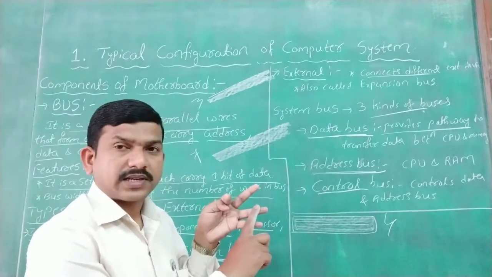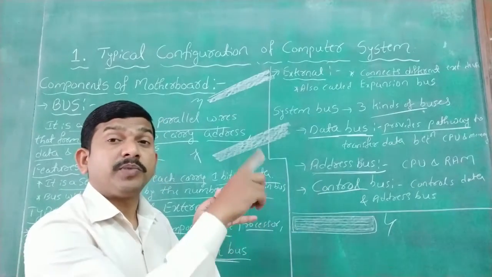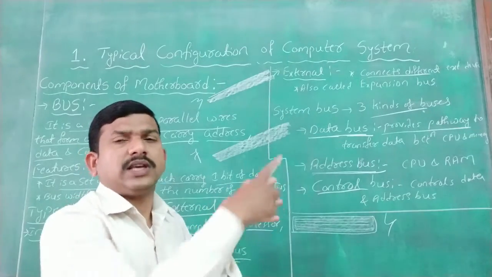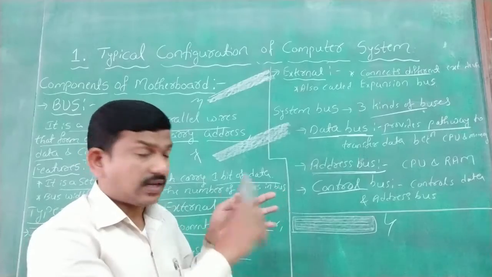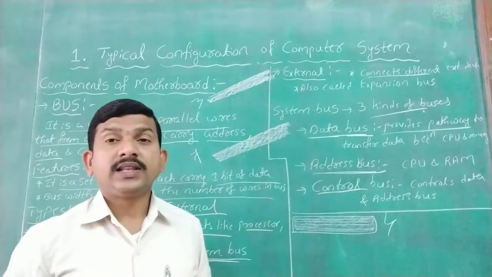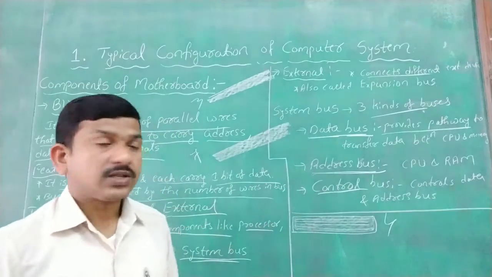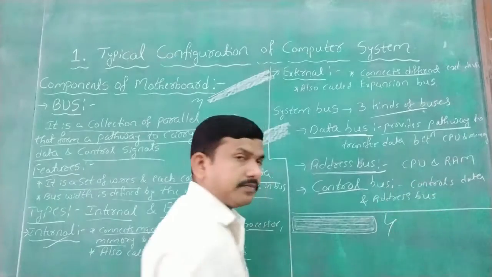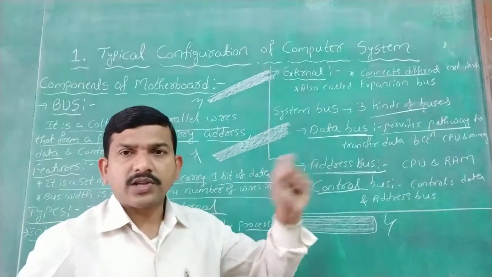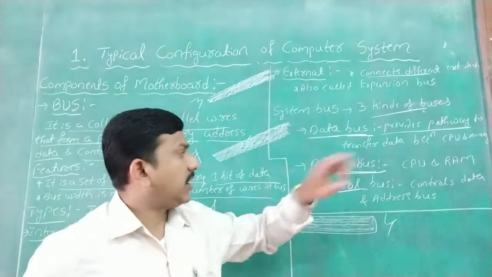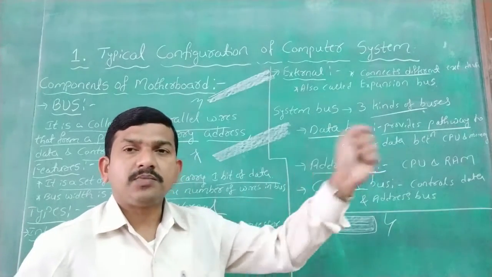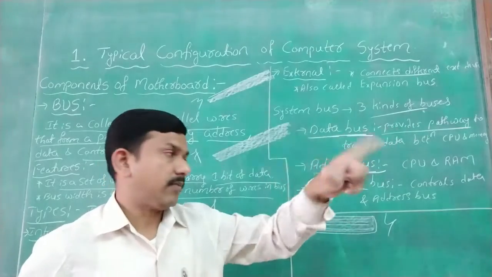This bus contains the address where it should be stored, for example 1012, any address where this data should be stored. So the communication between CPU and RAM, the data and the address go from CPU to RAM, like this.